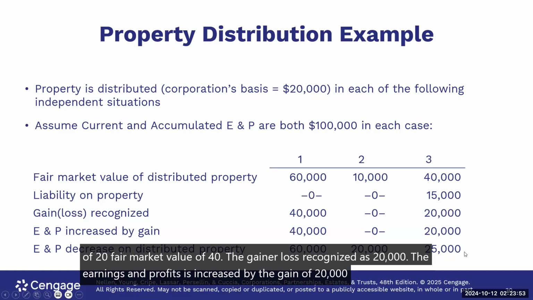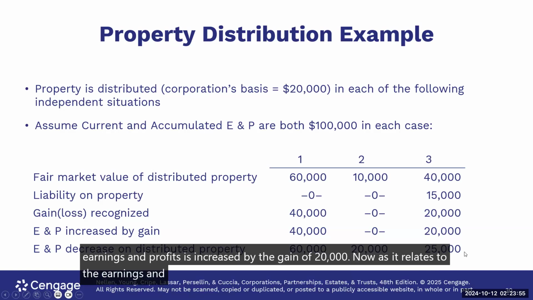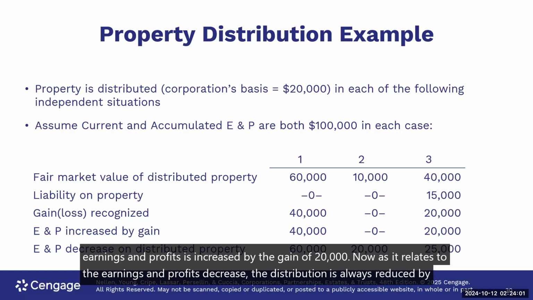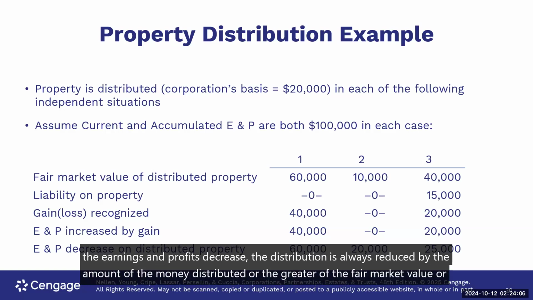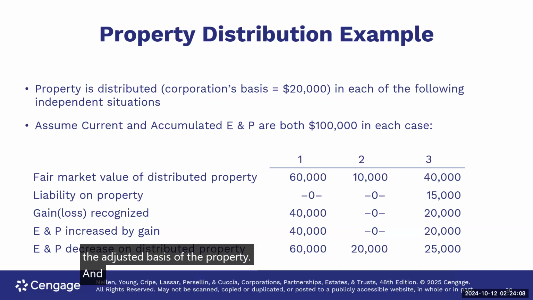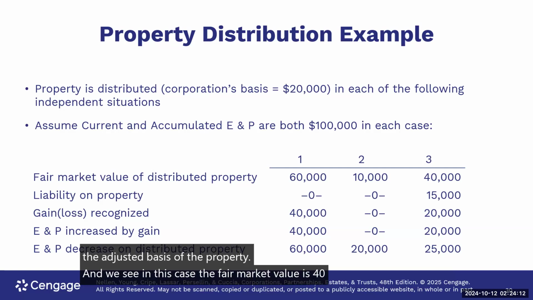Now, as it relates to the earnings and profits decrease, the distribution is always reduced by the amount of the money distributed or the greater of the fair market value or the adjusted basis of the property. And we see in this case, the fair market value is 40,000. The corporation's basis is 20,000.